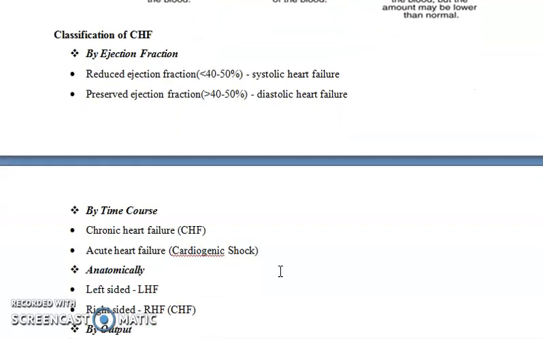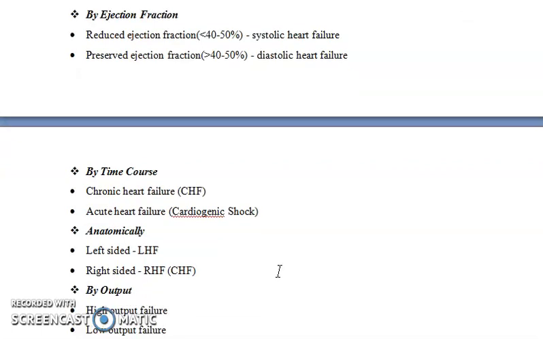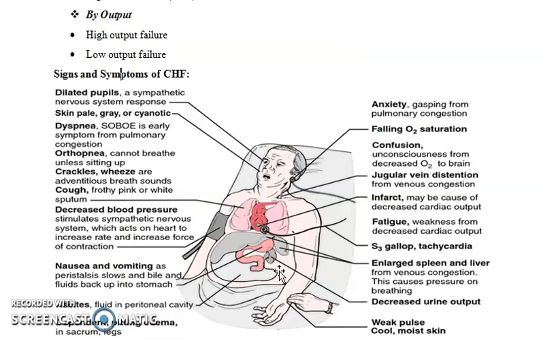Depending on the time course, it is classified into chronic heart failure as well as acute heart failure. Anatomically, it is classified into two types: left-sided heart failure and right-sided heart failure. Based on the output, it is classified into high output failure as well as low output failure. That is about the classification of congestive heart failure.